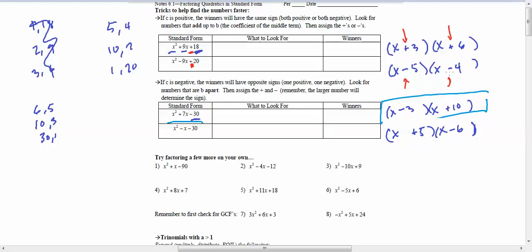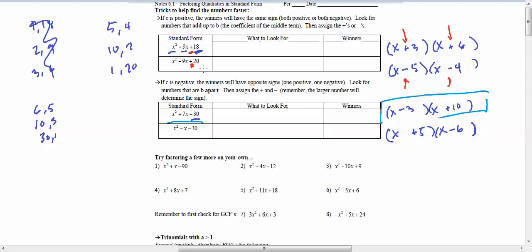Do you understand why? Well, here, I'll tell you why. It's because I need to multiply out to be positive 18.